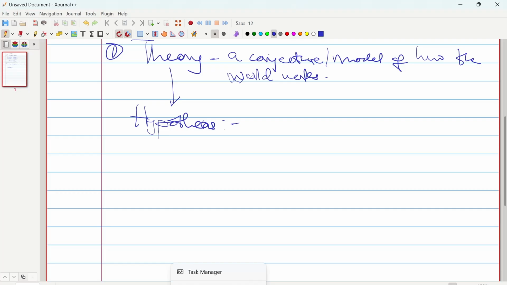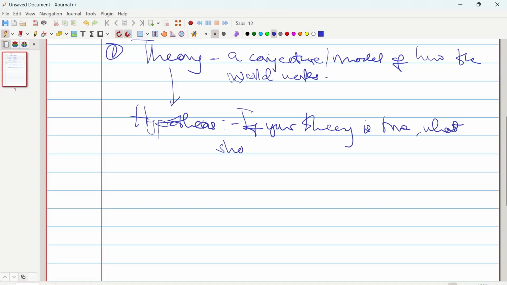So if your theory is true, what should we expect, right? That's what a hypothesis is basically. The hypothesis should be falsifiable; it shouldn't be something that we cannot falsify. It has to be falsifiable.